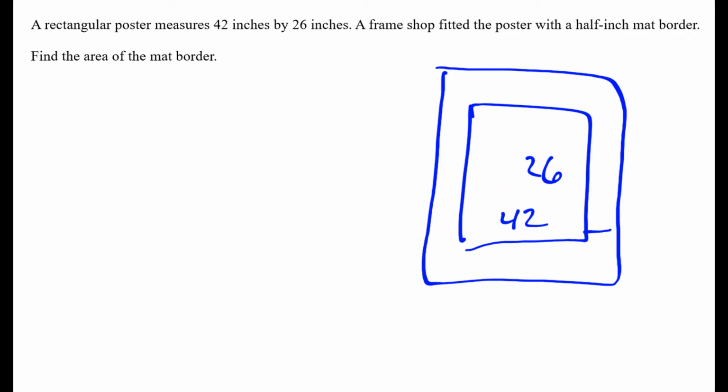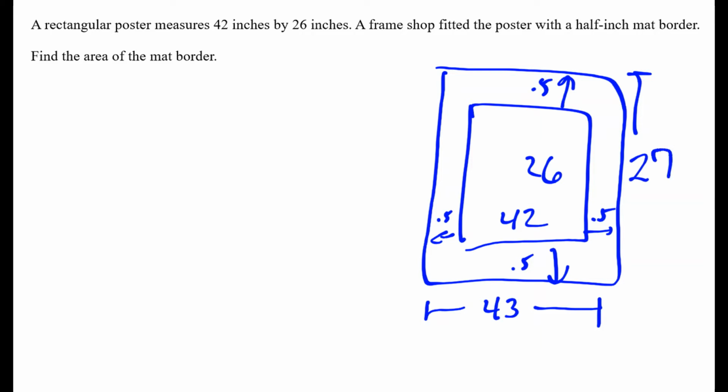It's a 1/2 inch in every direction, which means it's 1/2 inch that way, 1/2 inch that way, which means that 42 is now 43 inches. It's a 1/2 inch that way, 1/2 inch that way, which adds a full inch to the 26, making it 27 inches that direction.